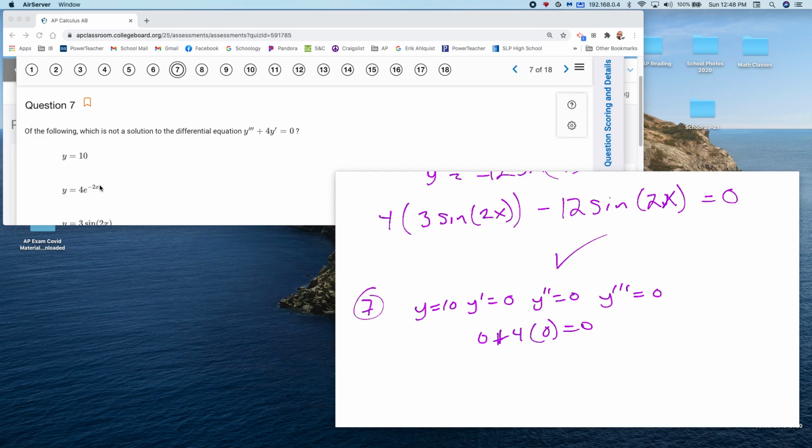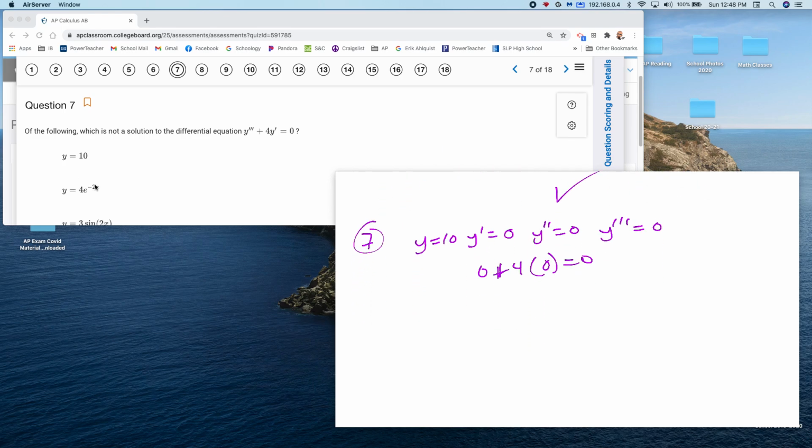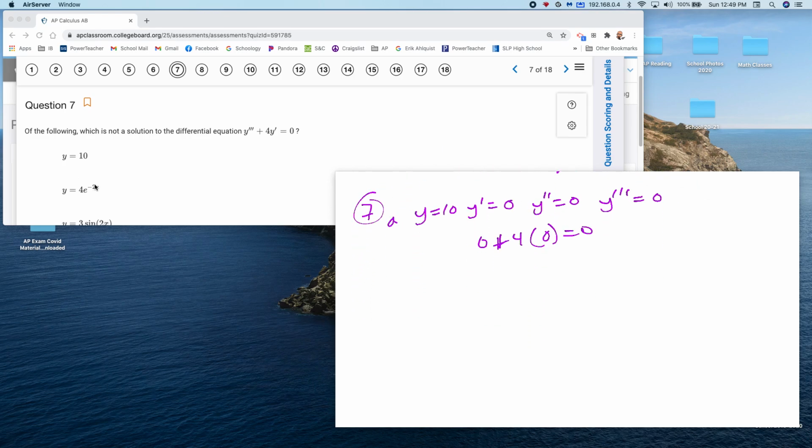But let me show you what happens with the second one, because that's the answer right there. So A was not the answer. A works. And notice it says not, and that's a real key thing. If you didn't read that word not, you might get to A and say, oh, that works, I'll pick A. But that not is important there.